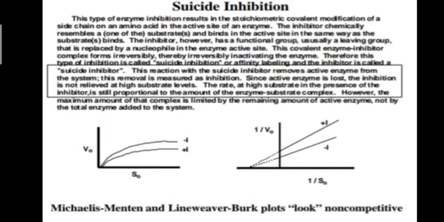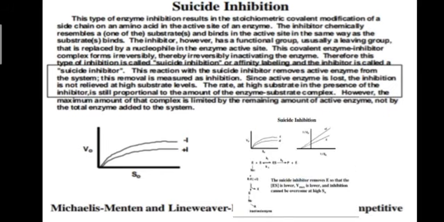A suicide inactivator undergoes the first few chemical steps of the normal enzymatic reaction, but instead of being transformed into normal product, the inactivator is converted to a very reactive compound that combines irreversibly with the enzyme. These compounds are also called mechanism-based inactivators because they hijack the normal enzyme reaction mechanism to inactivate the enzyme.